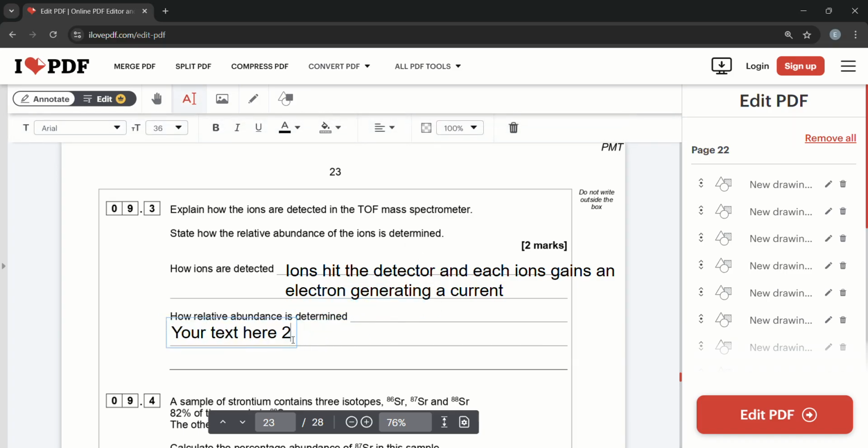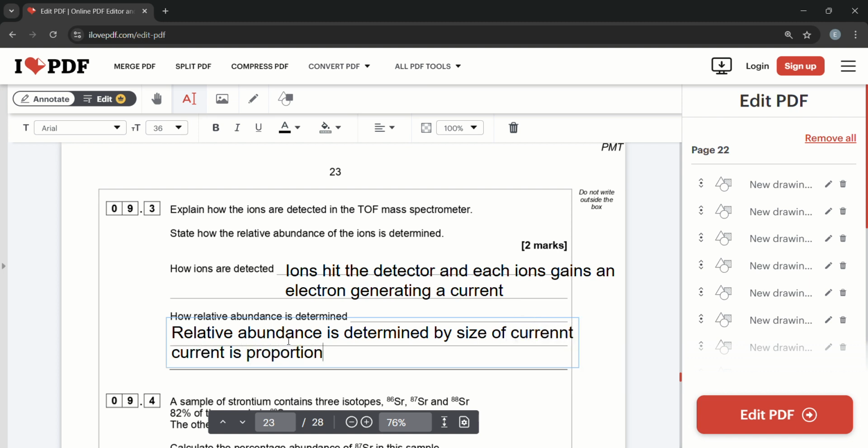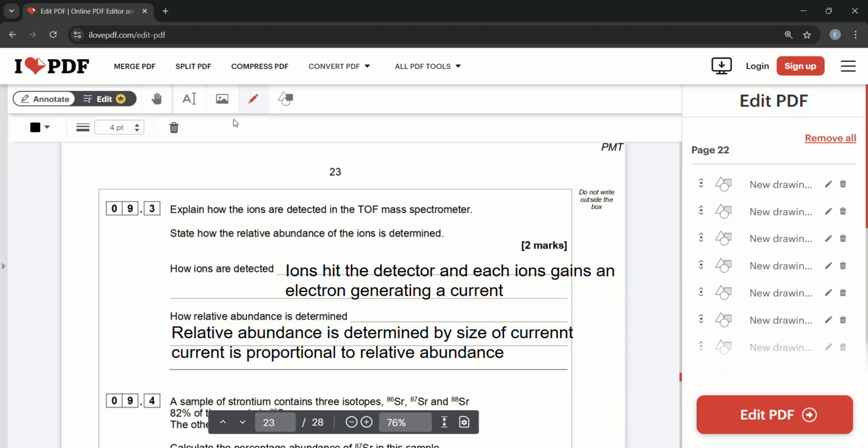Relative abundance is determined by size of current. Current is proportional to relative abundance. So, ions hit the detector, each ion gains an electron, generating a current. Relative abundance is determined by size of current.